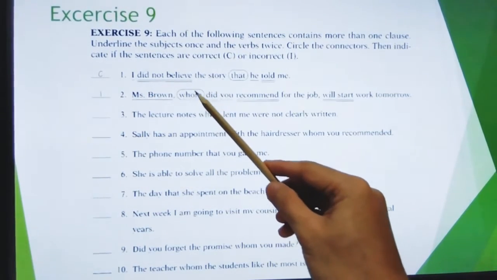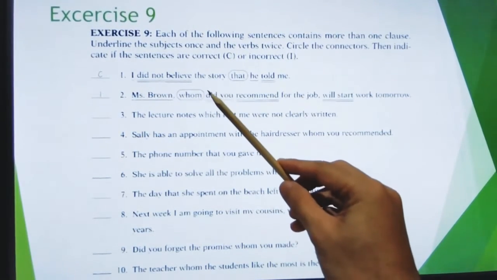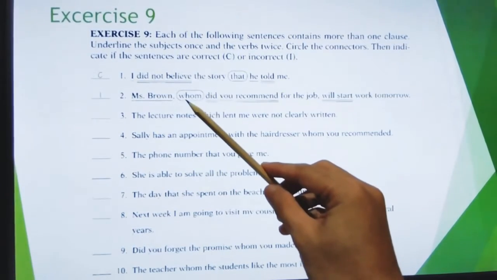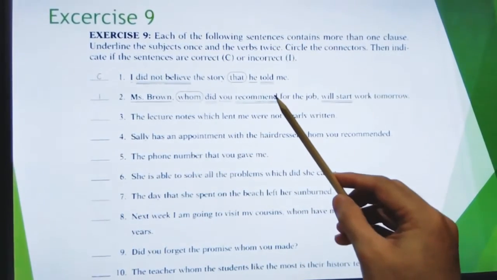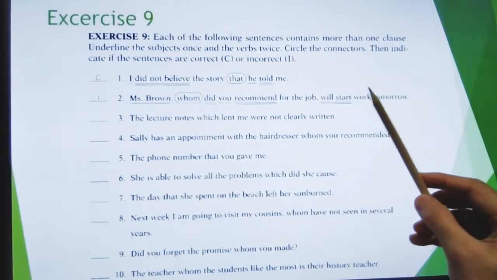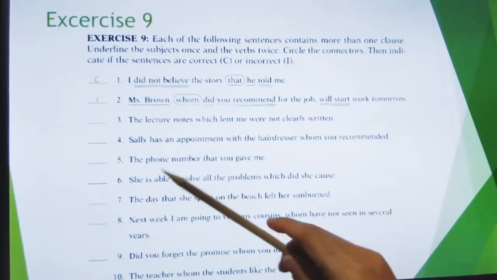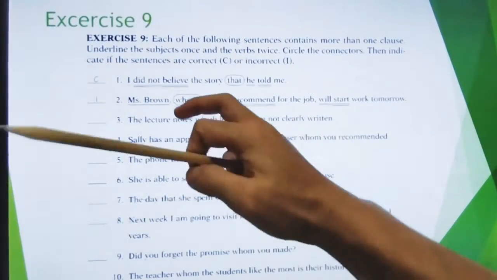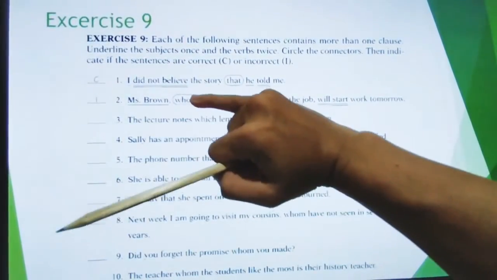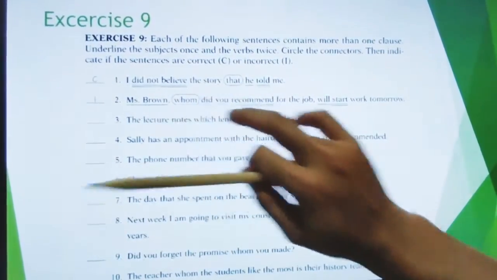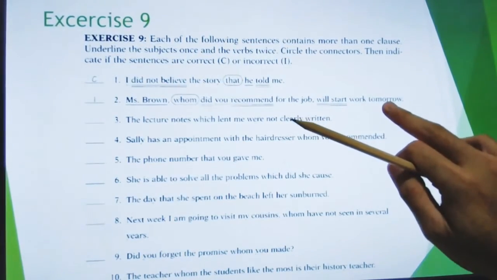After a connector, it is supposed to be followed with a dependent subject. So, whom you recommended for the job will start work tomorrow. That's the point. If we omit this, the sentence will be correct: Miss Brown will start work tomorrow.